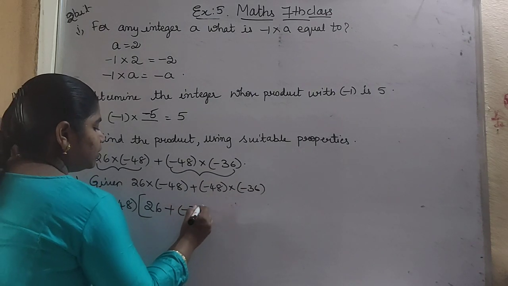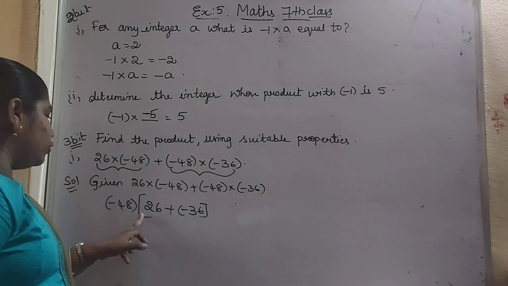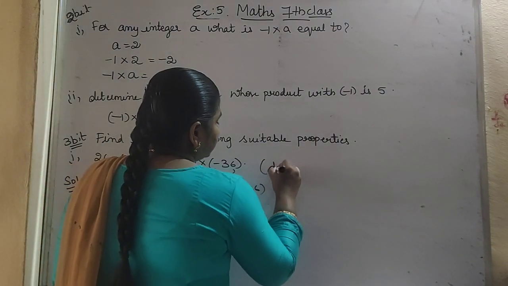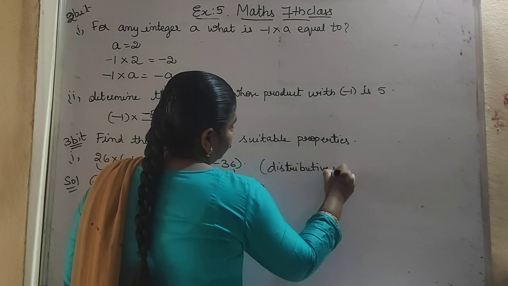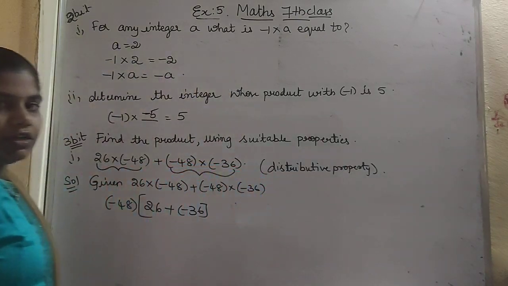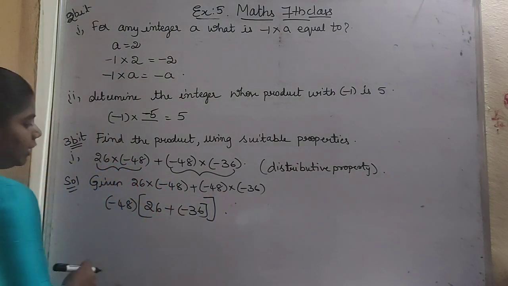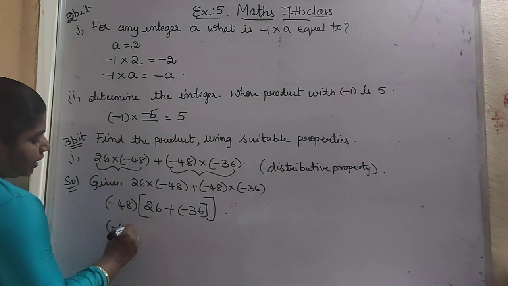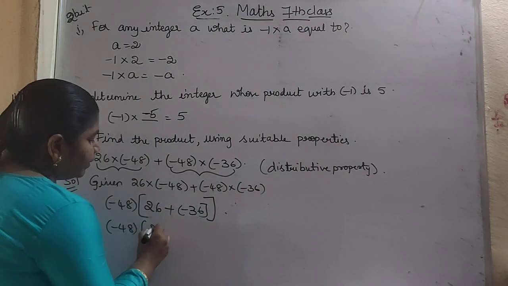That is minus 36. Okay, now this is in the form of A into B plus C. So which property are we using here? That is the distributive property. So now we have to find the value. First solve the bracket term, that is minus 48 as it is. Double sign, make it into single sign, so that will be 26.